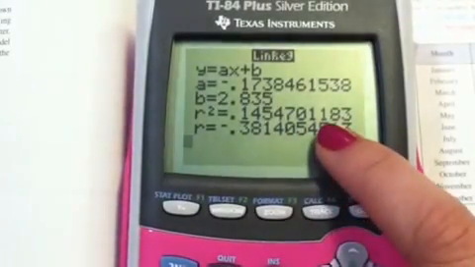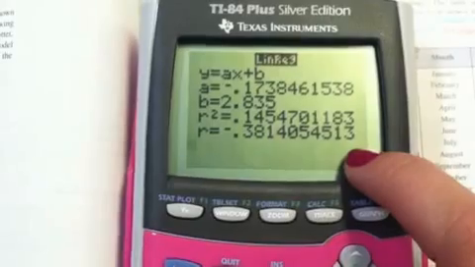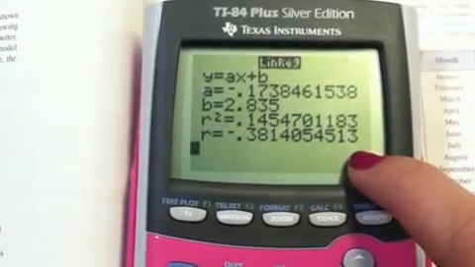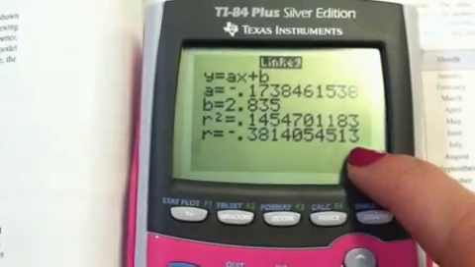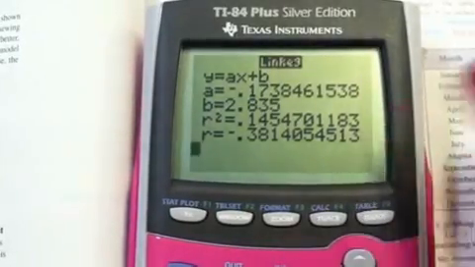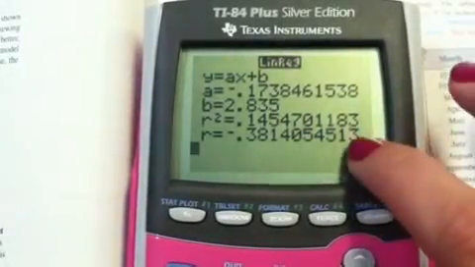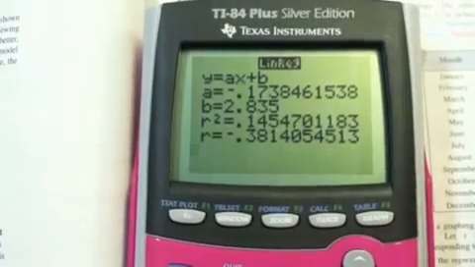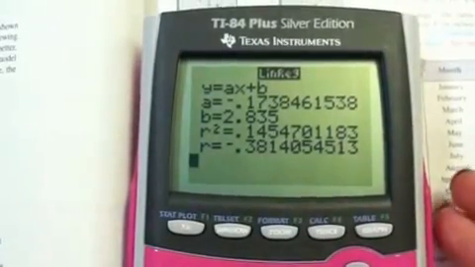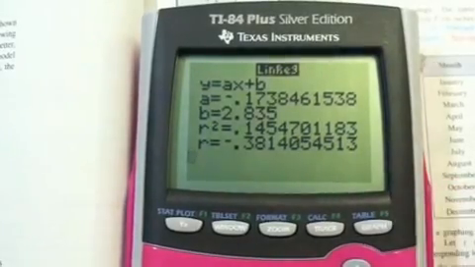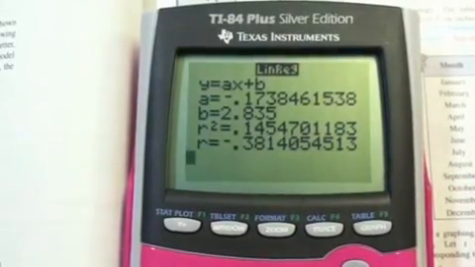Look at your R squared value. What do you notice? It's not even close to 1, or -1. So that means we have a bad fit. Remember we talked about how R squared closer to -1 or 1 means a better fit. So if I didn't recognize it from the table, I could always do the linear regression and look at my R squared value. If it's bad, it's not linear regression.